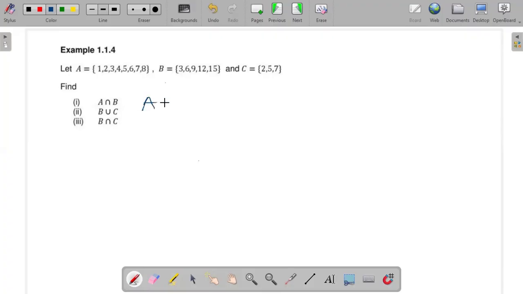Anybody to answer this? What is A intersect B? I'm waiting for the answer. Feel free, just unmute yourself and give out the answer.